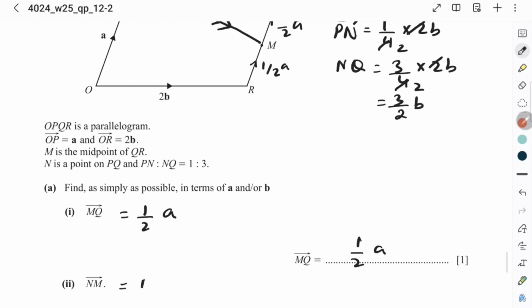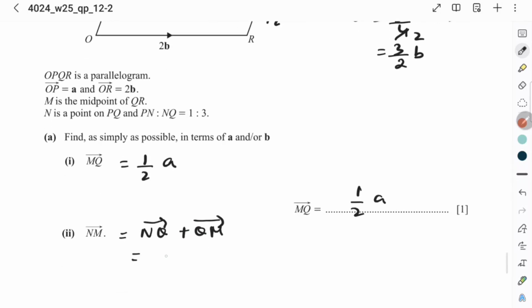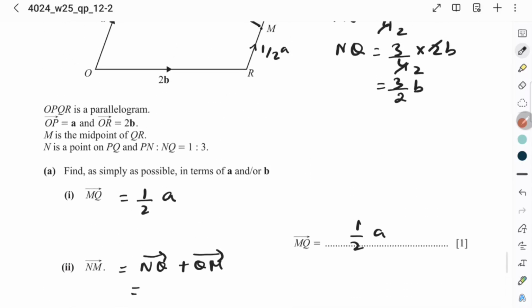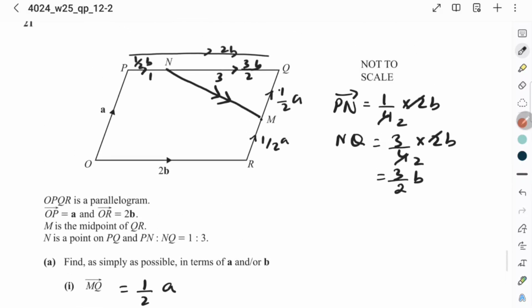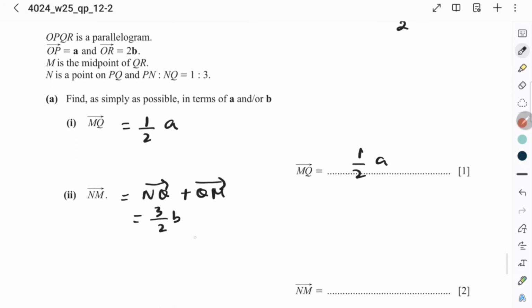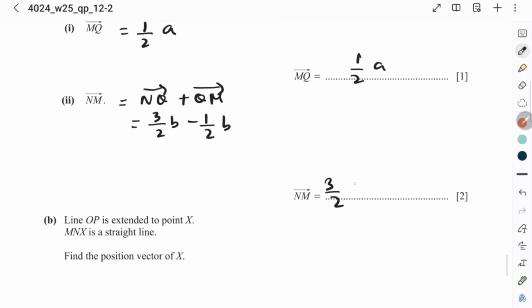We have found above that N to Q is 3 upon 2 of b, and Q to M is minus half a because the direction is different. So 3 upon 2 b minus half of a, sorry.